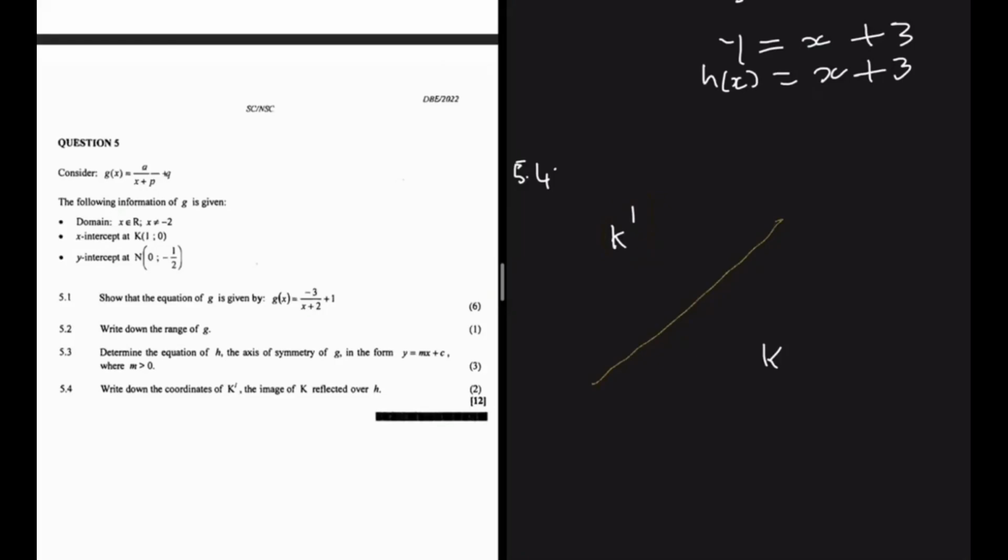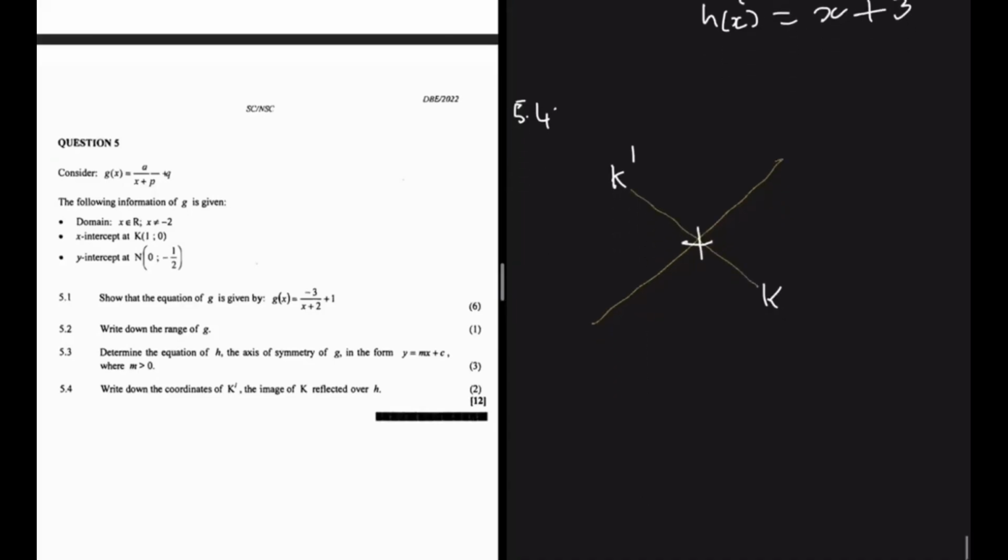So we have k subscribe, which is the reflection of k over our axis of symmetry, right? But then if we draw a line here from k subscribe to k, and we determine the equation of this line, then we can find k subscribe using the midpoint formula or theorem, so to say.